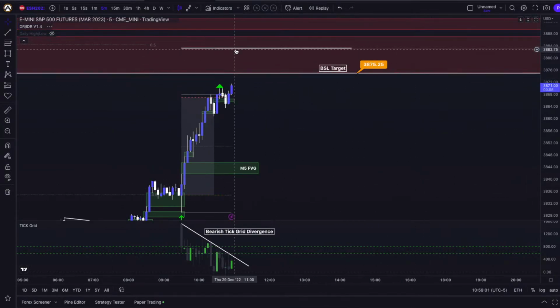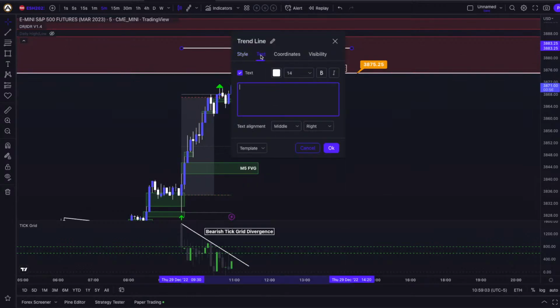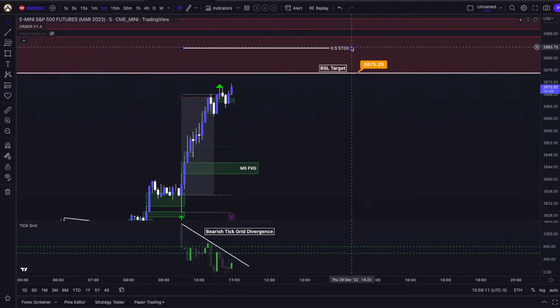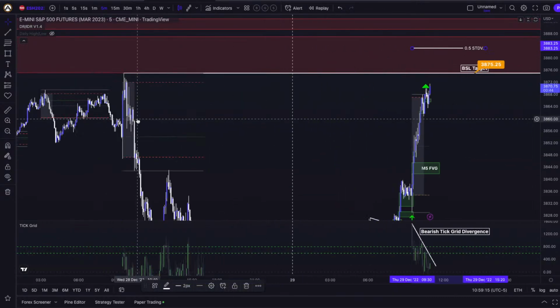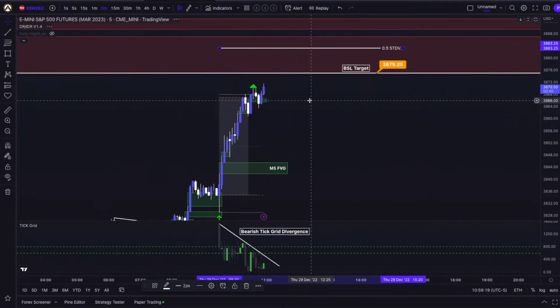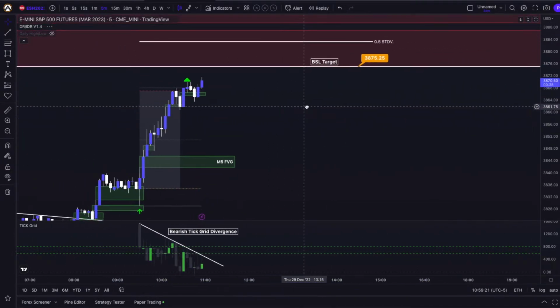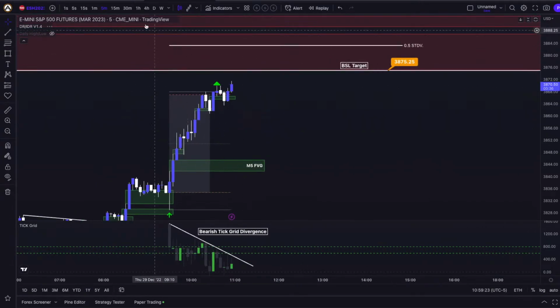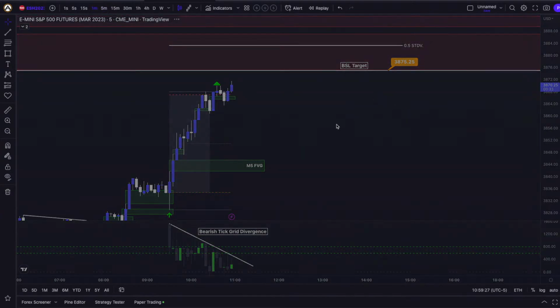All right, this is our 0.5 STDV, standard deviation. This could be another target after we raided our buy side liquidity from our previous day's high, right here at 3875 and a quarter. As an entry opportunity, we could look now at a 1 minute time frame, now that we have our targets and everything prepared.